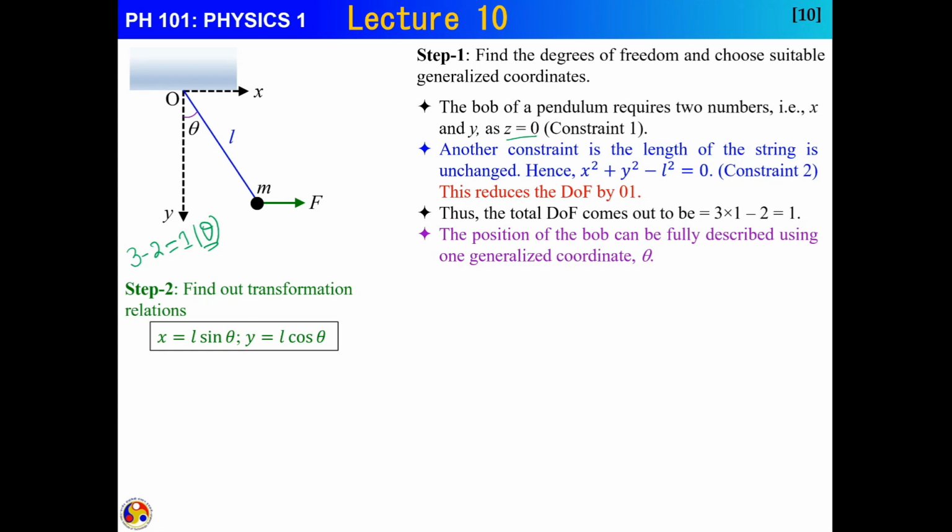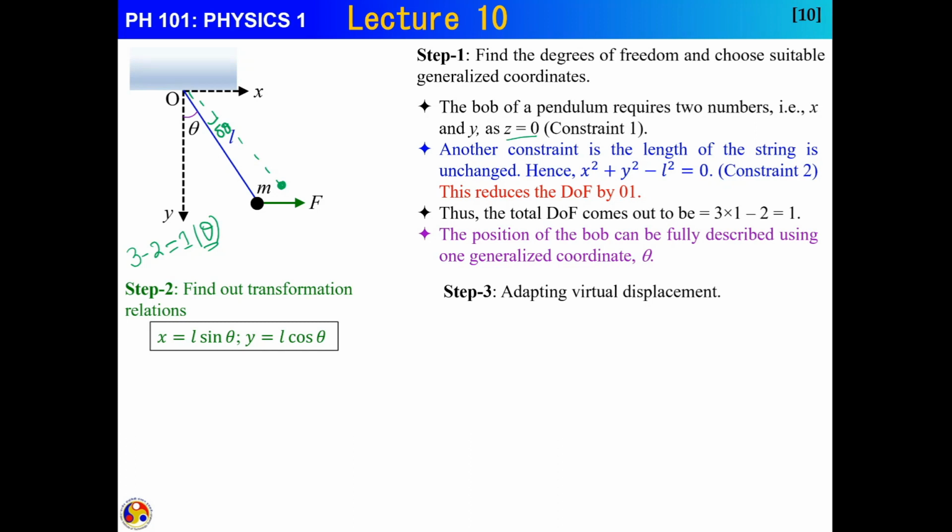Now we are going to adopt a virtual displacement. That means when I say virtual displacement, we are going to move the bob by the smallest displacement away from here, keeping the length fixed. So let's assume that this is my delta theta.